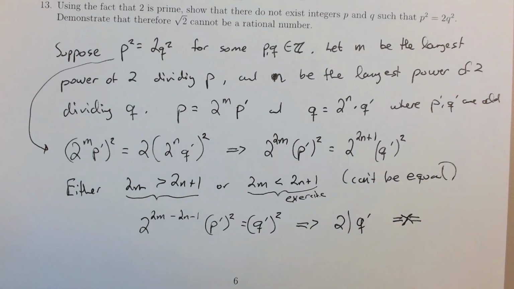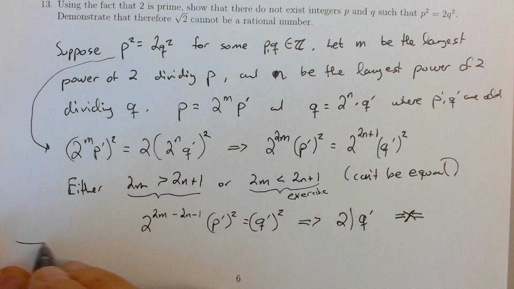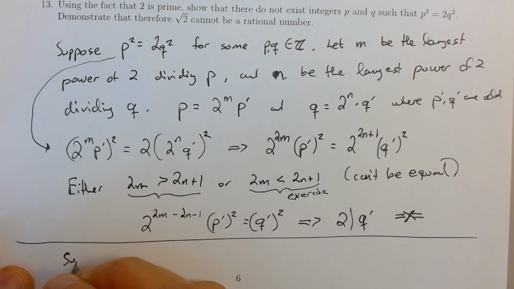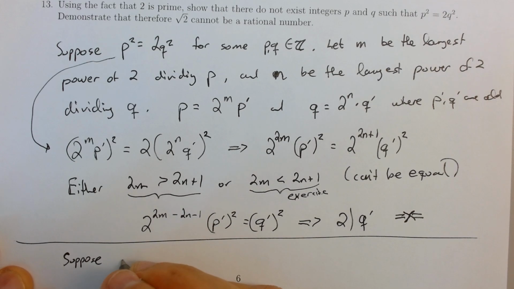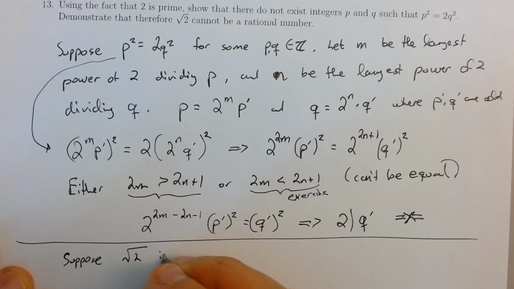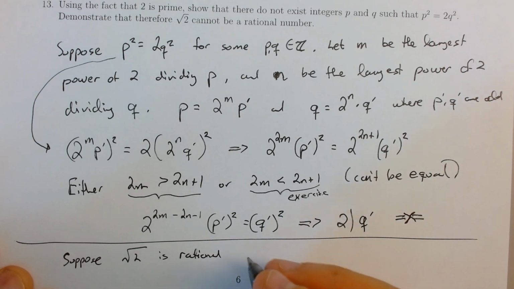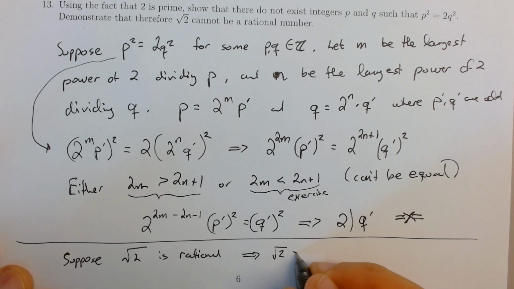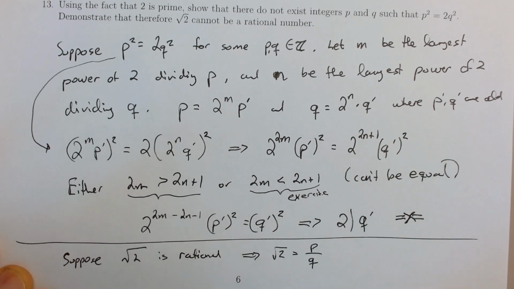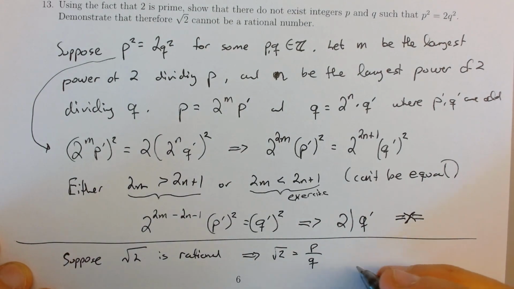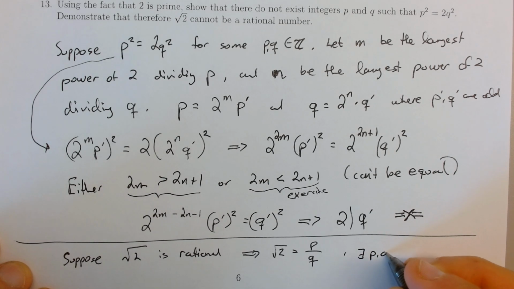So how do we show that that means square root of 2 is not rational? Well, now as like a separate proof here, suppose that it is. Square root of 2 is rational. That would mean that it is a fraction of 2 integers. So this implies square root of 2 is p over q for some integers, p and q.